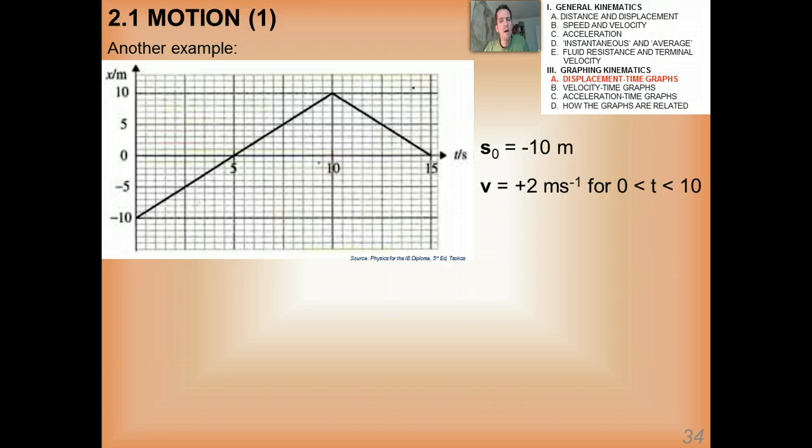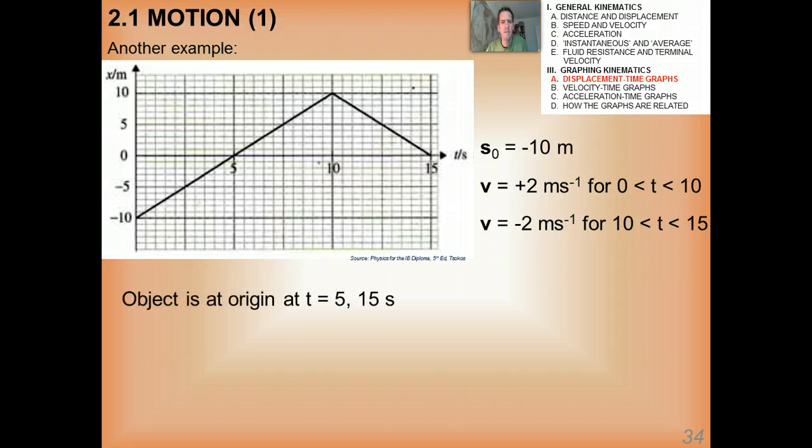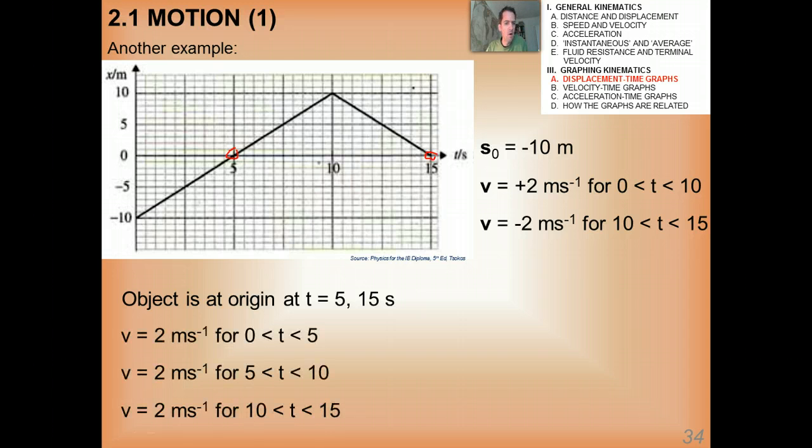My velocity is positive 2 meters per second for t from 0 to 10. It's negative 2 meters per second from 10 to 15. The object is at the origin right here and right here. The speed is 2 meters per second for the entire time.